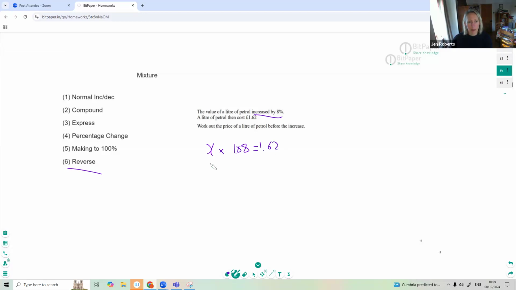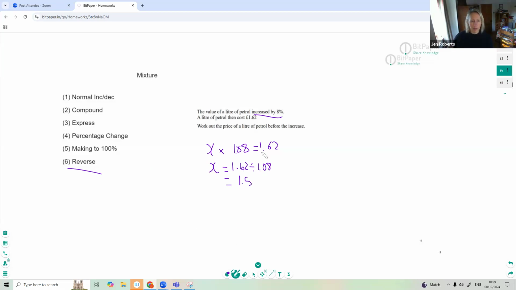We need to go back, we need to reverse it. So we divide both sides by 1.08. 1.62 divided by 1.08 is going to give my original amount, which in this case is £1.50.